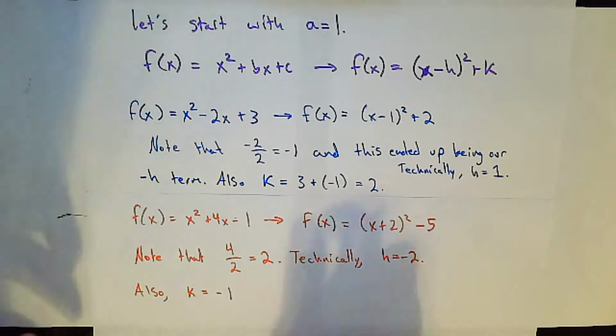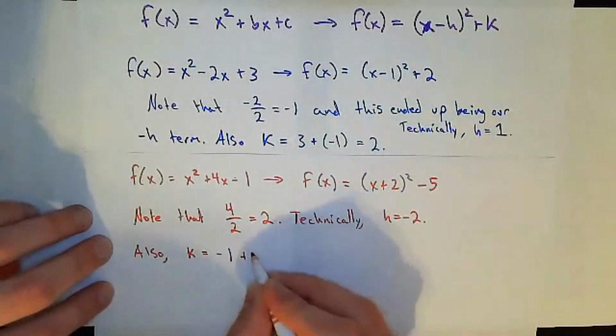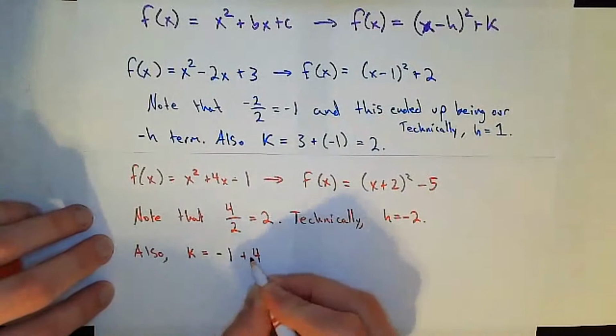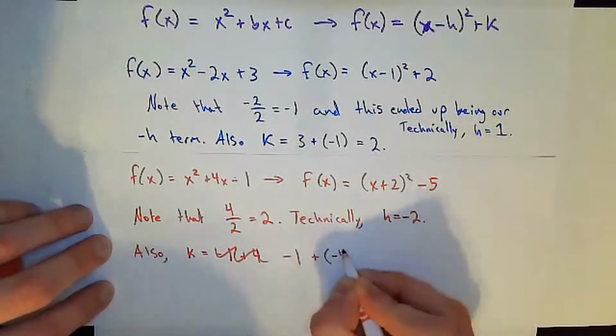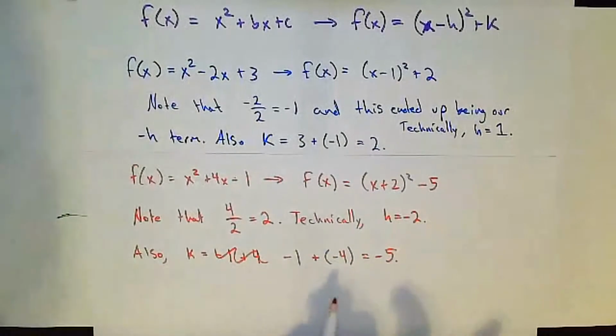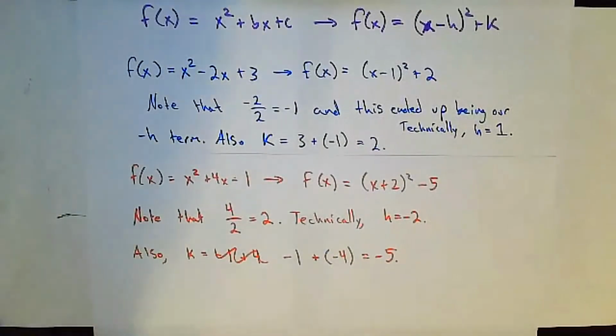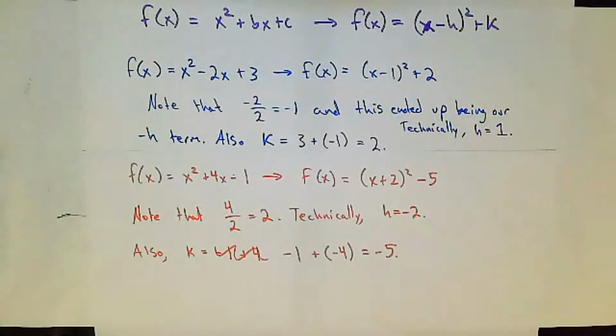Oh, right, yeah. K is -1 plus -4, which gives me -5. That's the thing that we subtracted off the back, right? A -4. If you go look back at that problem, we subtracted a 4 to balance out the 4 that we added.